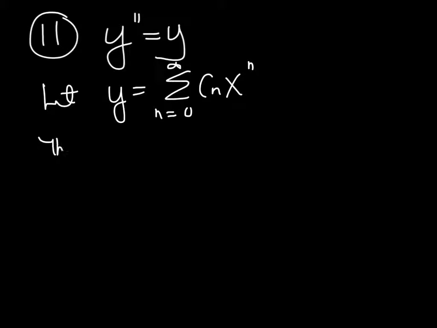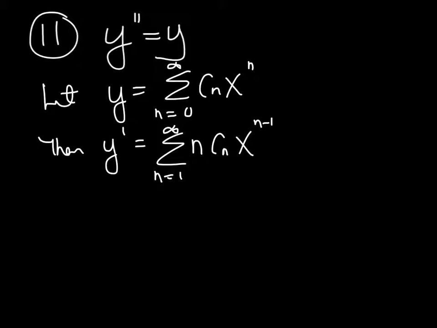So y prime, we've been finding y prime, so this is just going to be the sum of n c_n x to the n minus 1, right? And again, we're starting at 1. But now we need y double prime. So again, using the power rule, I have n times, and I'm going to bring this guy down here.